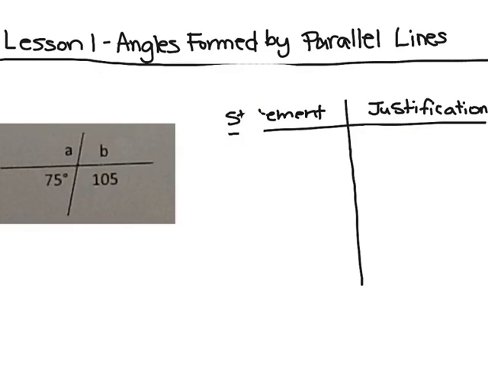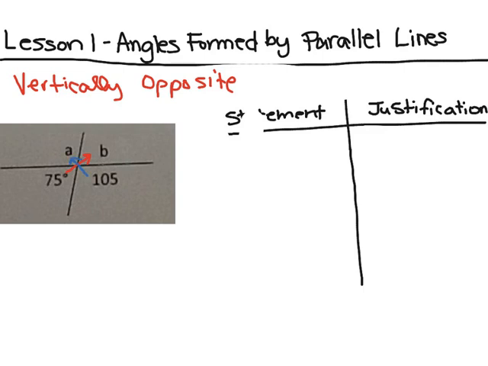Example 3, we're going to do vertically opposite. Vertically opposite means that across the vertex of the lines where they cross, they will be equal across.